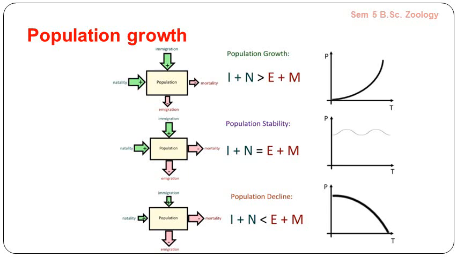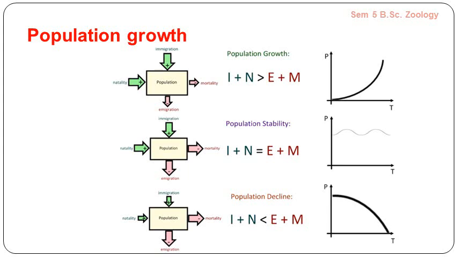Natality and immigration influence the population size positively, that is, with an increase in natality and immigration, there would be an increase in population size, while mortality and emigration had a negative influence, that is, with an increase in mortality and emigration, the population size decreased. So there will be a decline in population.